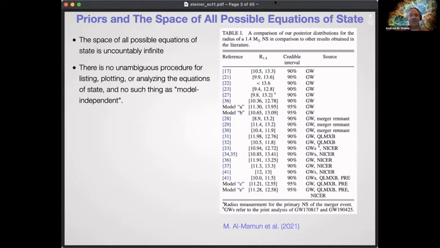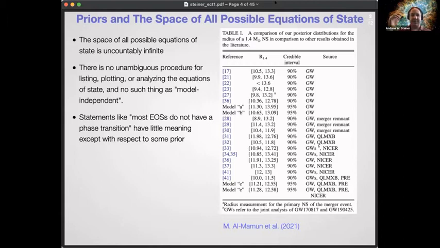So whatever you do, you must put in some sort of prior distribution. For this reason, there are some things that you cannot say. You cannot say most equations of state do not have a phase transition. Well, you can say that, but you can only make probabilistic statements like that with respect to some prior distribution.